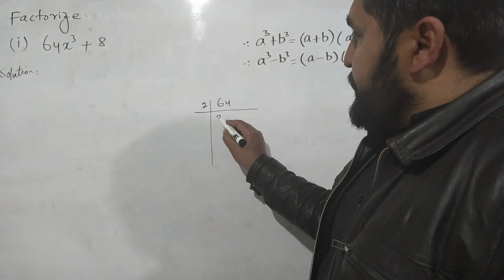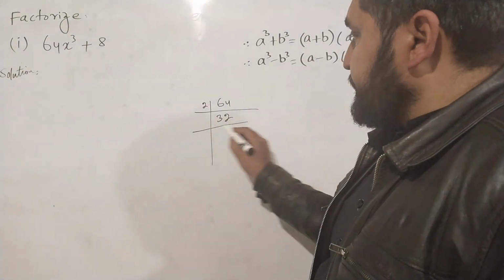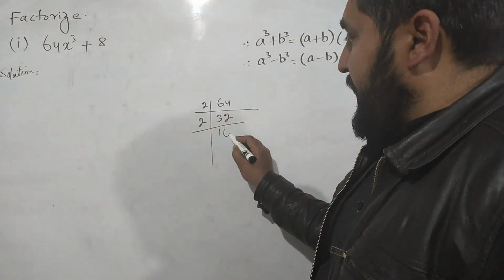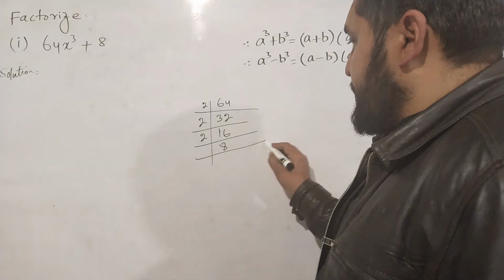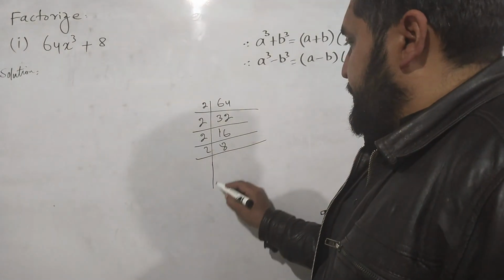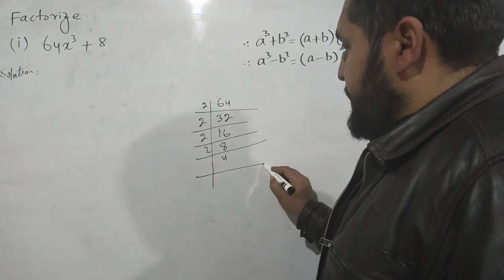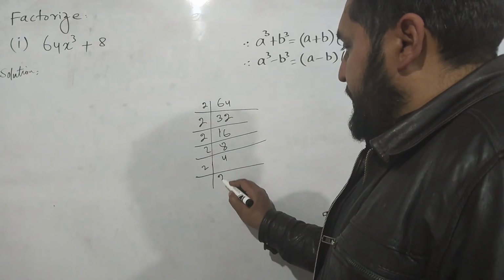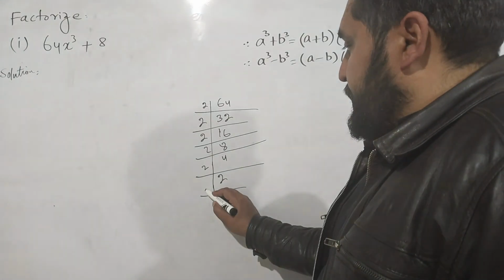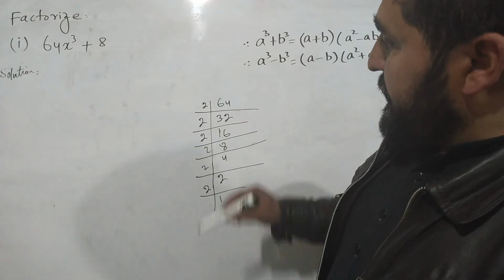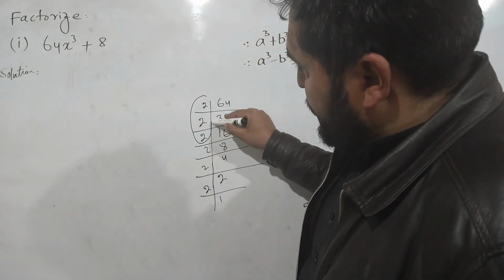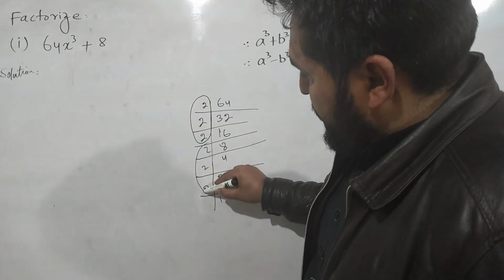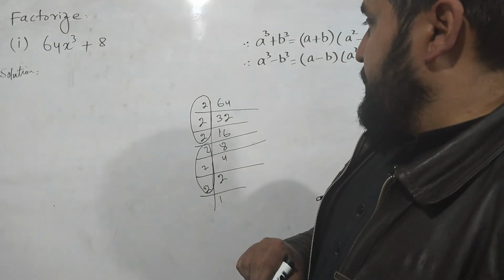2 how many times? 2 times 32, 2 times 16, 2 times 8, 2 times 4, 2 times 2, and 2 once. Clear? Now, if there is a cube, we just take 3 factors.